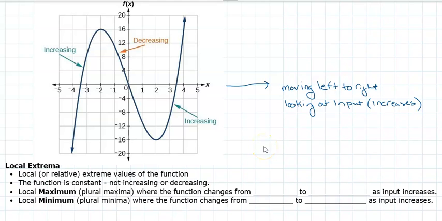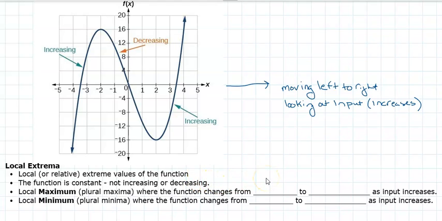So we're going to use this information to talk about the local, or it's also called relative. So relative and local are the two words that we use. Those are the extreme values of the function. These are the places where the function is constant, not increasing or decreasing.